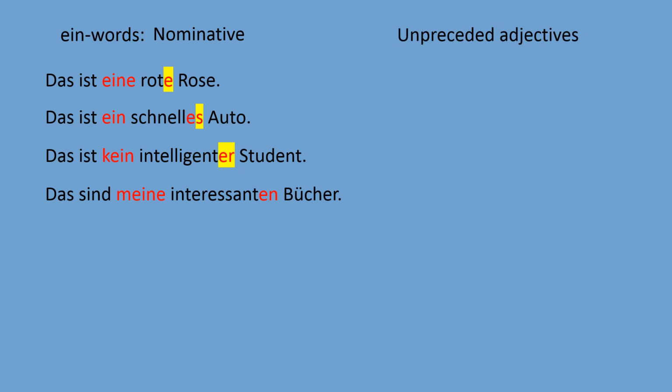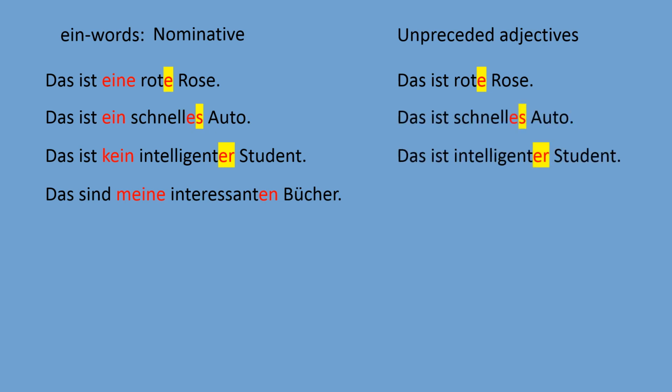What about unpreceded adjectives? What if we use an adjective without ein words or der words in front of them? This works the same way it works with ein words. For example, this is red rose, das ist rote Rose. This is fast car, das ist schnelles Auto. This is intelligent student, das ist intelligenter Student. And those are interesting books, das sind interessante Bücher.